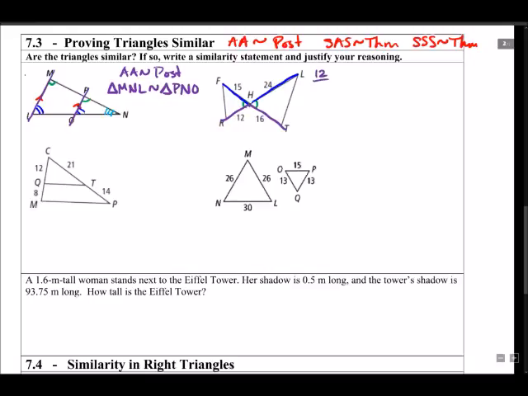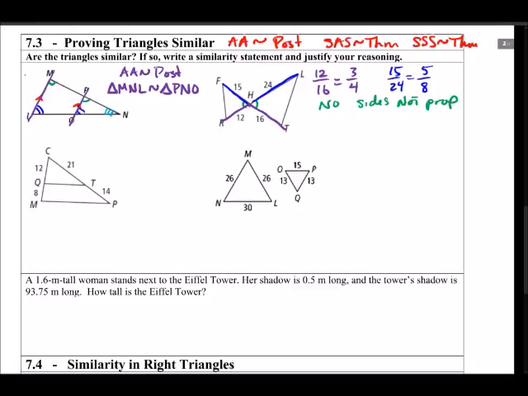We've got 12 to 16. Divide by 4, so that's a 3 to 4. And blue sides are 15 to 24. Divide that by 3, 5 to 8. Aw. So, no, my sides are not proportional.